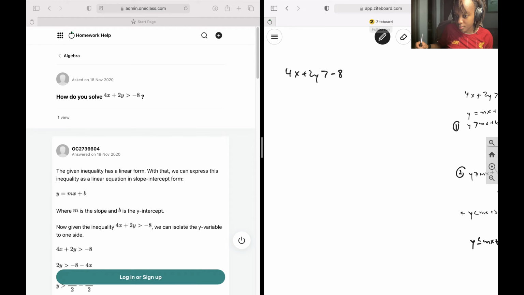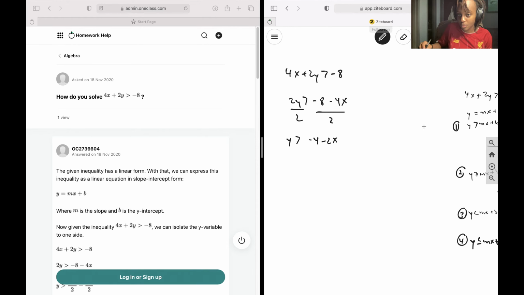And so we get 2y is greater than -8 minus 4x, and then we just divide out the 2, which means y is greater than -4 minus 2x. And so that would be in the form of equation 1.